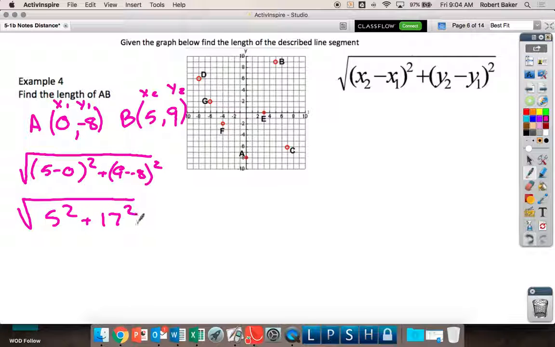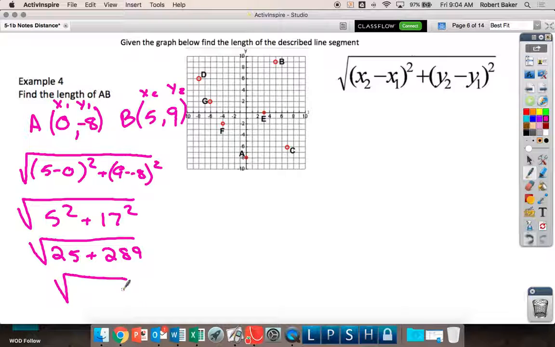You get 5 squared plus 17 squared. I don't know, 289. 314? I think so.